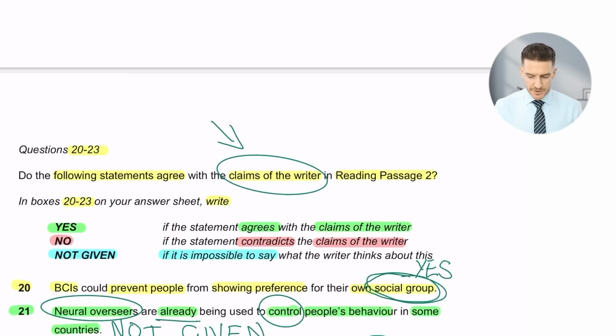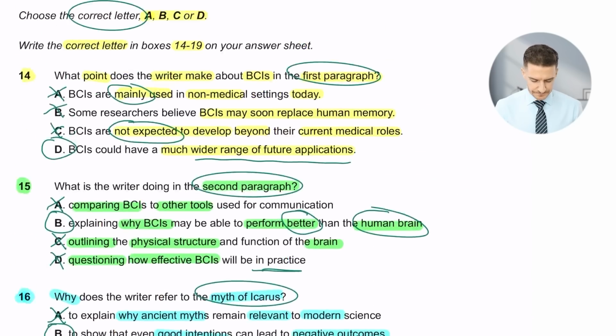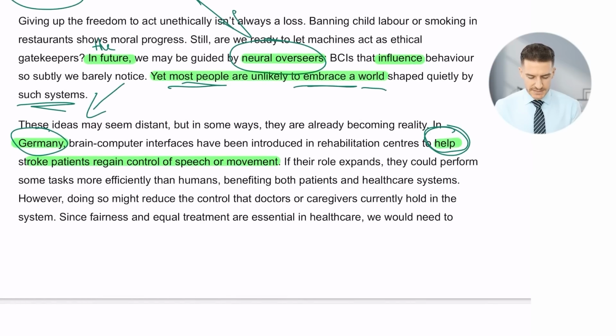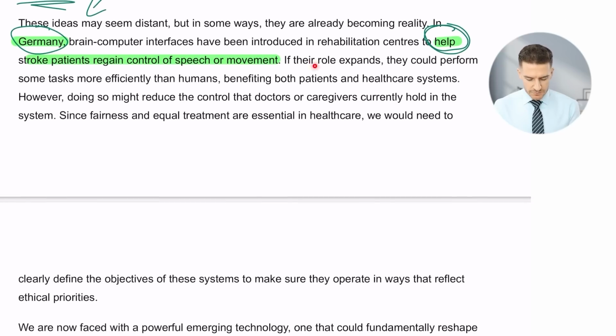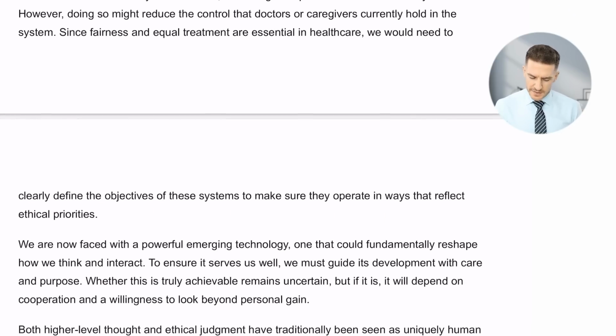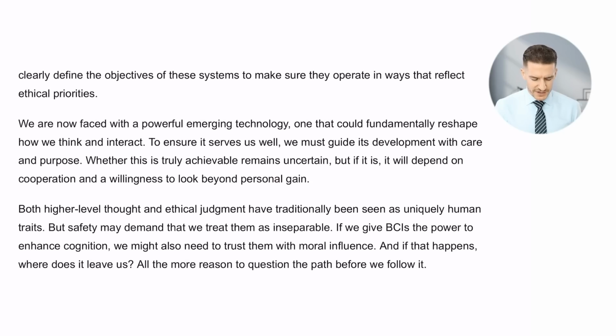So let's go back up and we'll see if we can find it. So we'll start from where we found the last answer, which was here. So these ideas seem distant. Okay, Germany, if their role expands, might reduce control. We would need to clearly define. Okay, nothing about new technology and working together.